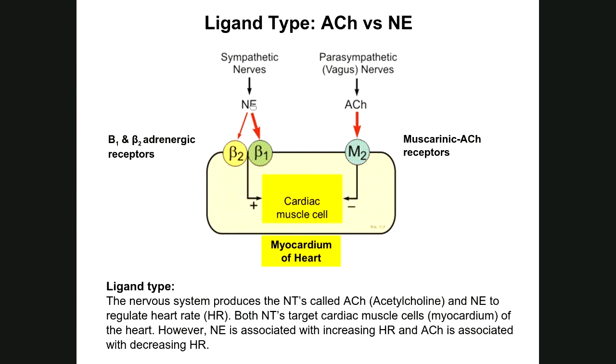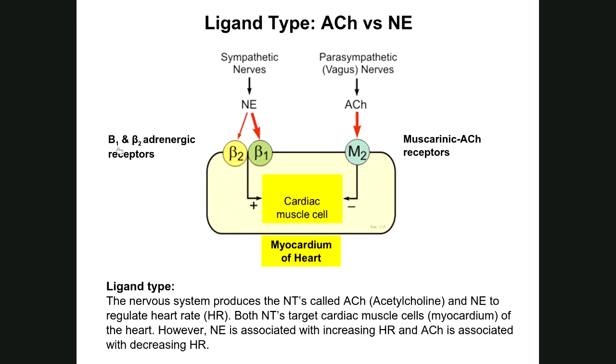The way it works for norepinephrine, when the nervous system wants your heart rate to go up, pump blood faster, your nervous system will release a ligand called norepinephrine. Like I said, you can think of it as a cousin or sibling of epinephrine. Therefore, it binds to the same class of receptors known as adrenergic receptors.